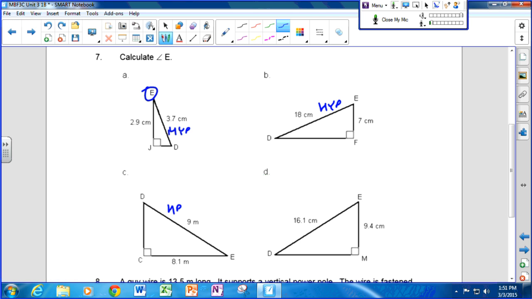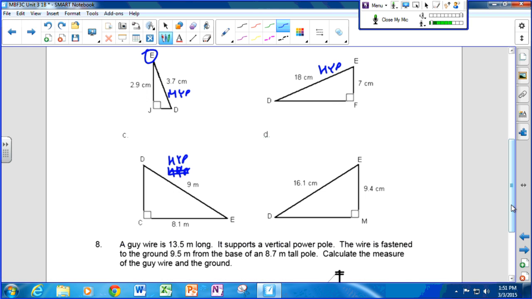And even if you make a mistake, having information on your diagram will help you diagnose that mistake, right? If you've realized that you got your hypotenuse wrong, it's pretty easy to actually go back, even though you've done the whole problem, and fix that, right? Change the hypotenuse number.